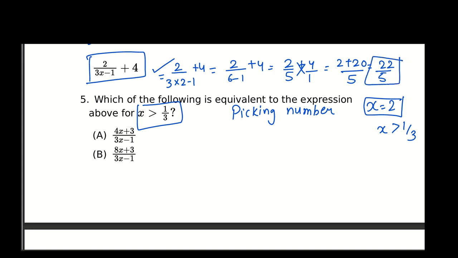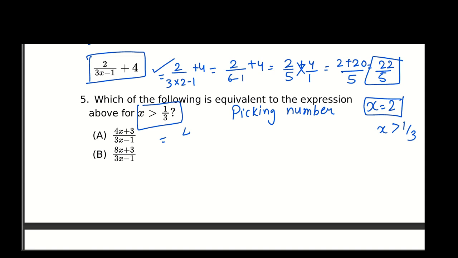So now we have to put the same x equal to 2 in all the expressions and check whether the value is 22 by 5 or not. Because they are asking that for some value greater than 1 by 3, any one expression from these four options should be equivalent to this expression.